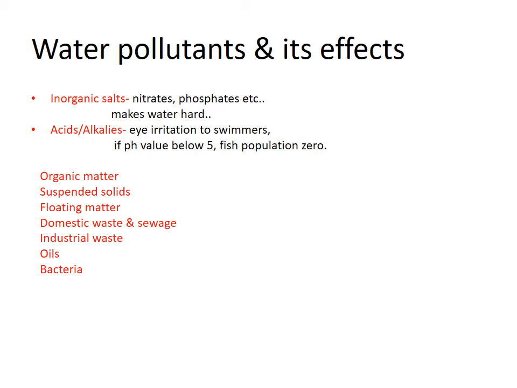If the pH value is below 5, the fish population is 0. Organic matter, suspended solids, floating matter, domestic waste and sewage, industrial waste, oils, bacteria. These are other entities that make water polluted.